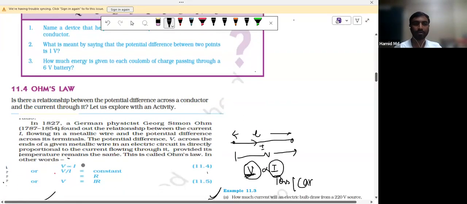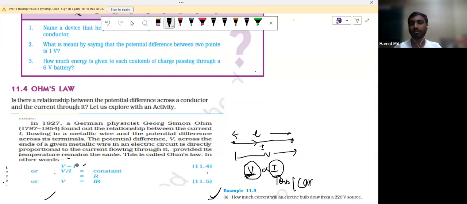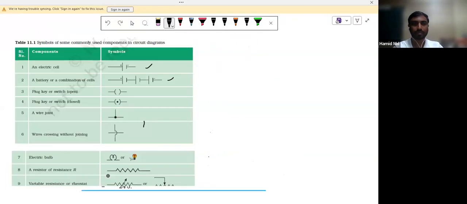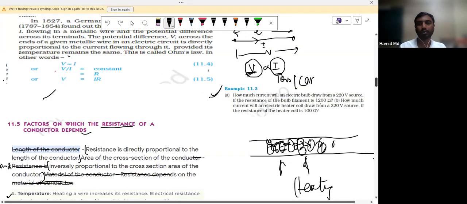What is Ohm's law? For a given type of material, potential is directly proportional to the current. We will be using this relation today: V is equal to IR. Keep this in mind, right?